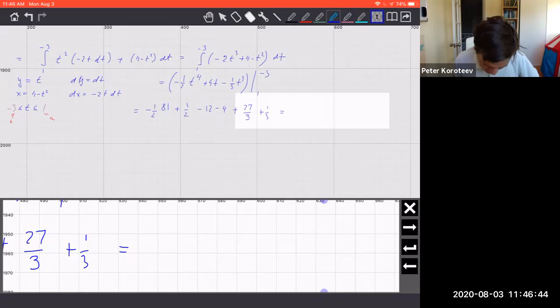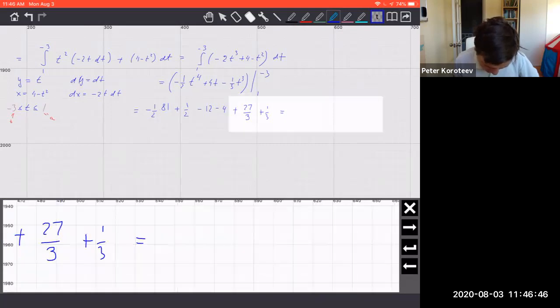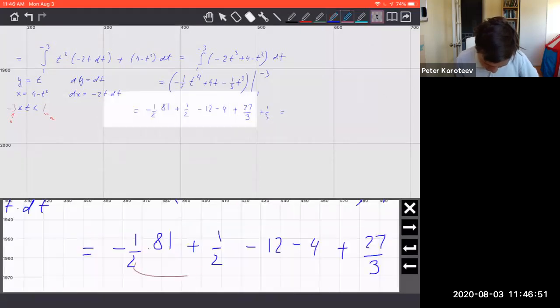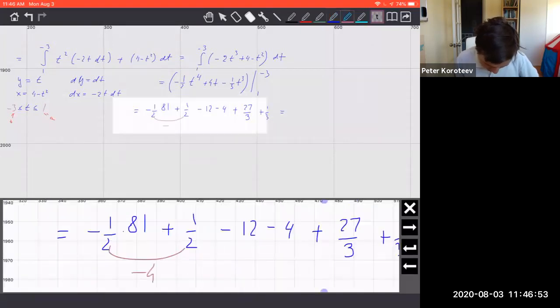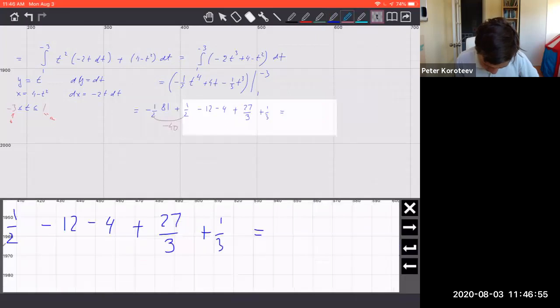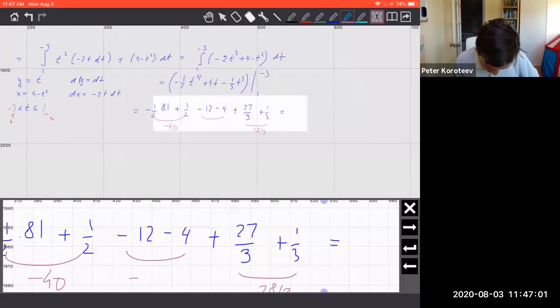Not really in the mode of doing that. Anyhow, so this one gives you -40. So it's not too bad, right? That's 28 thirds, and that's -16.